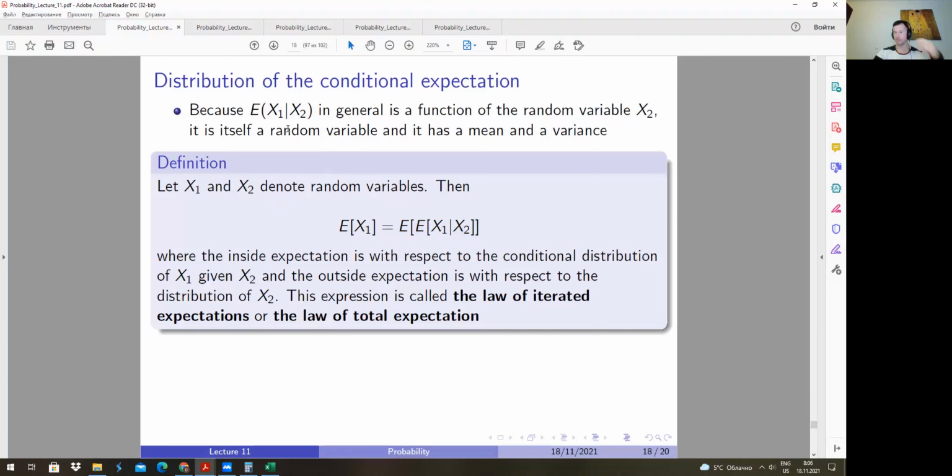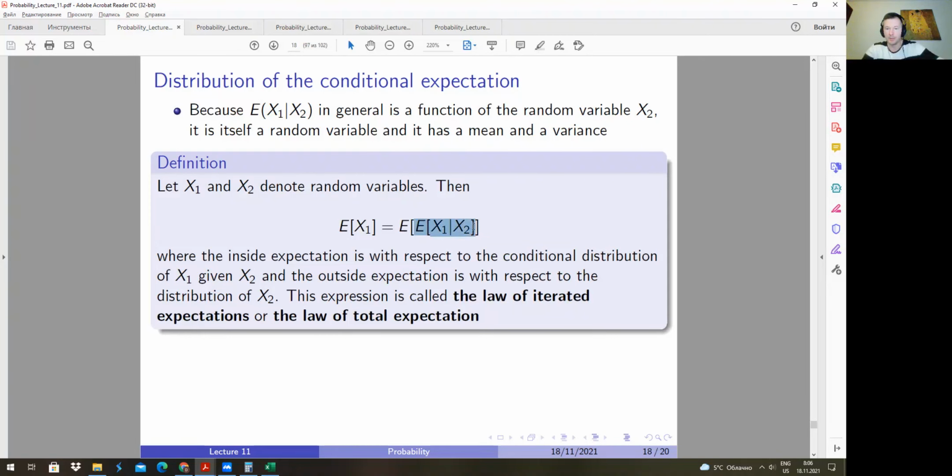So basically, we need to reverse things, right? The unconditional expectation of x1 equals the expectation of the conditional expectation of x1. This is called the law of iterated expectations, or the law of total expectation, depending on the textbook that you use.